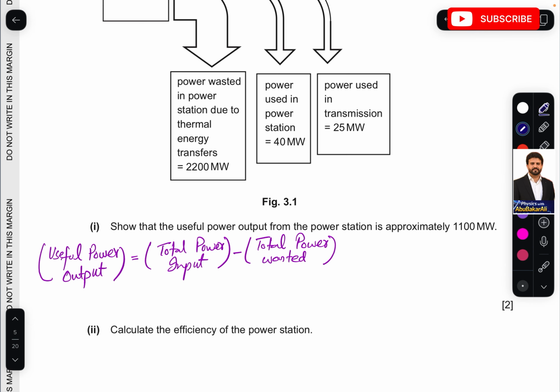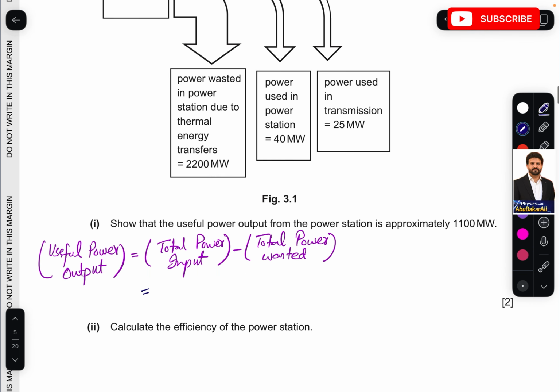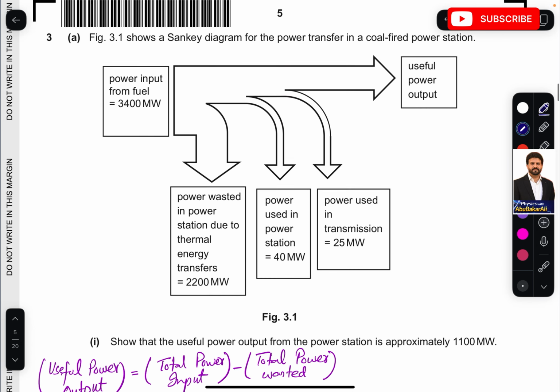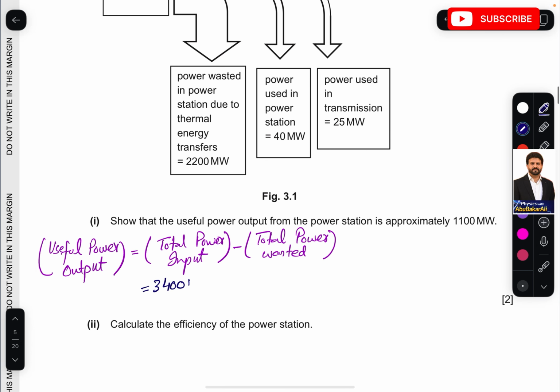Okay, now let's write it down. The total power input is 3400 megawatt. I'm not changing the units because they are all in megawatt, so I will get the answer in megawatt as well. So minus all the losses you have to add. First loss is 2200 megawatt.